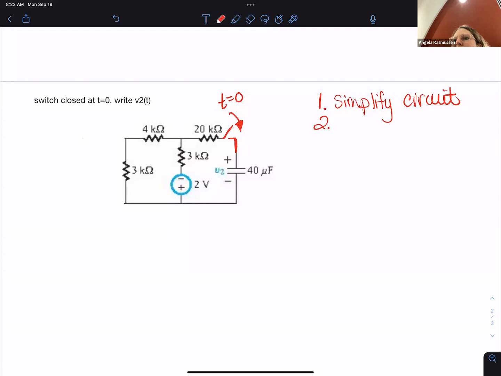Okay, so I call it the general form equation for this. So we know it's an RC, so we would write the general form equation. For this case, V2 of t equals the final. I always forget this.